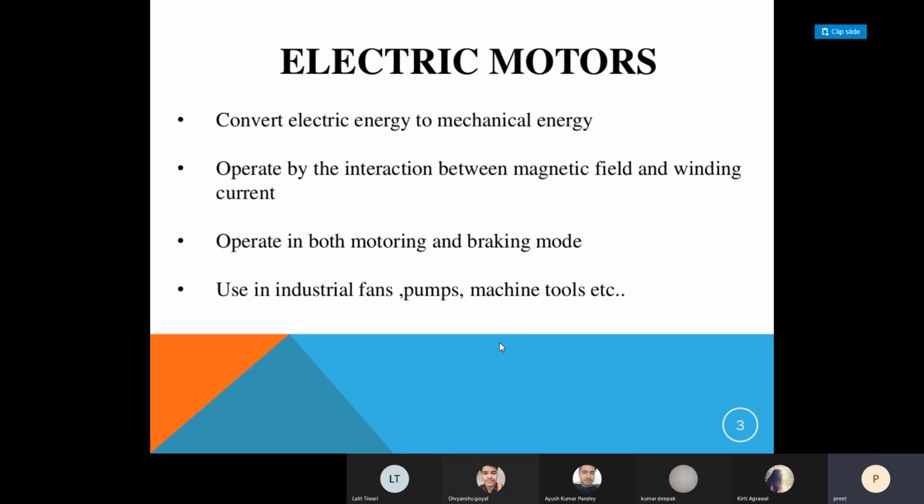You are very well aware that when a three-phase supply is provided to the winding, a rotating magnetic field is developed, and this rotating magnetic field is responsible for the final torque, which makes your motor move. It can operate in both motoring and braking mode, and you have many applications of electrical motors in your daily life, such as fans, pumps, machine tools, etc.